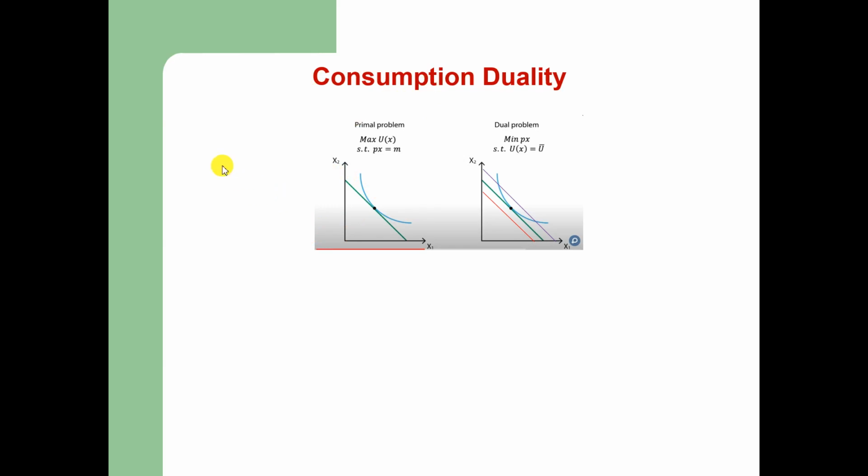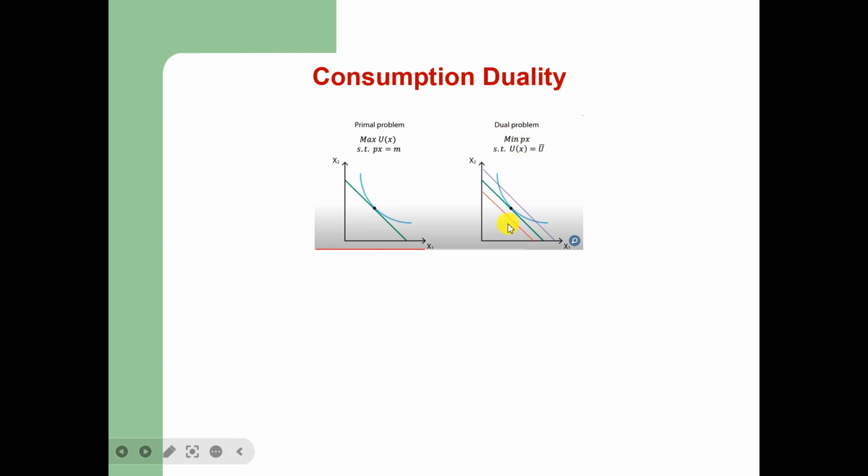And the lower indifference curve, although we can obtain it with this budget line, will not maximize the utility. So this is the only equilibrium situation in which the consumer is maximizing utility subject to the budget constraint.